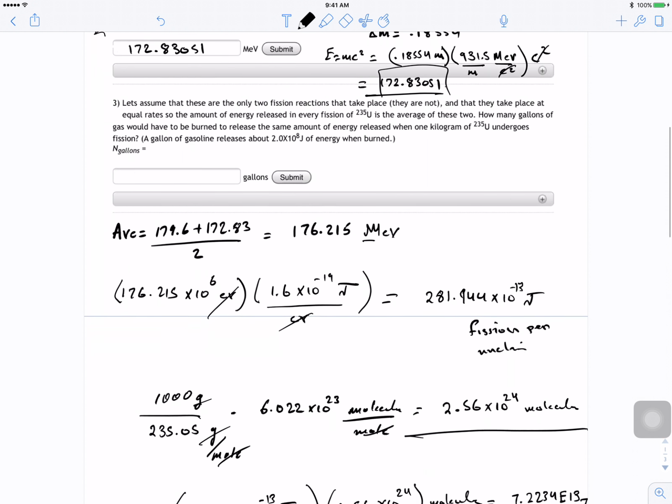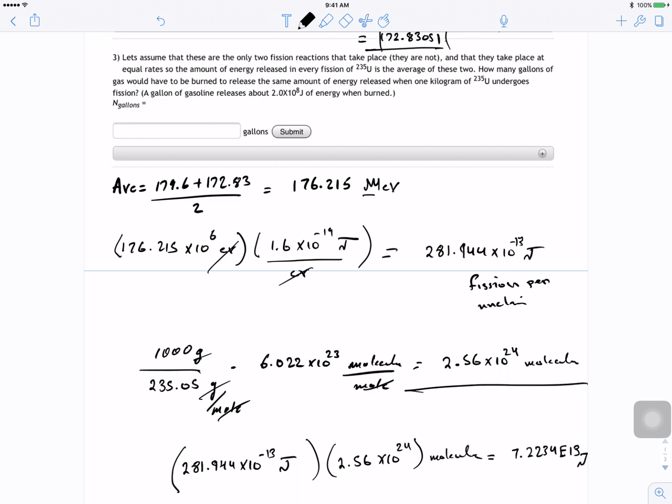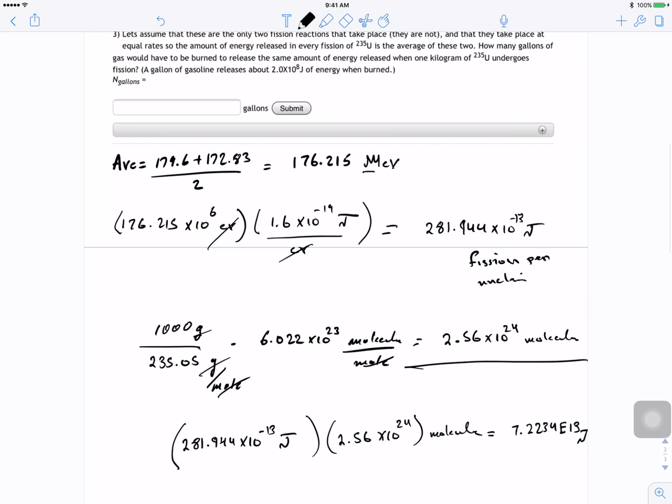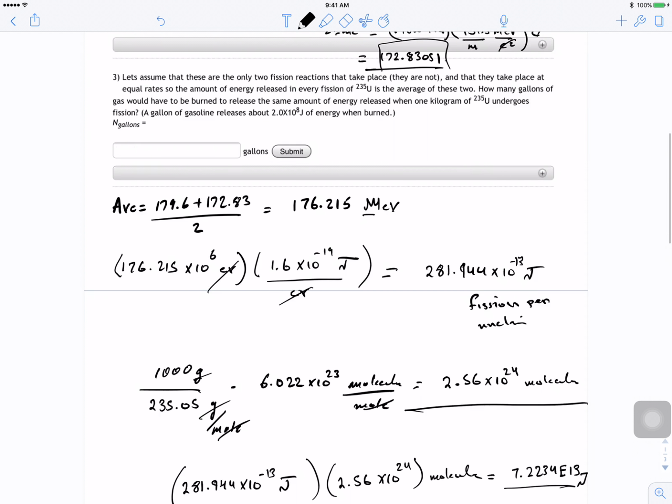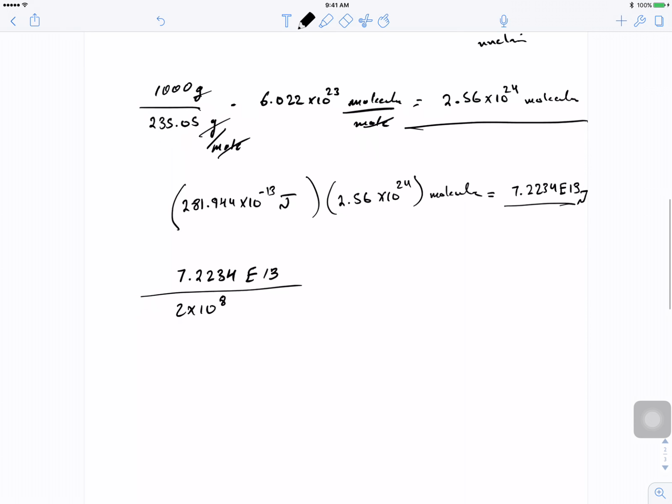If you look back at the question, they give us how much energy per gallon is released when burned. So they want how many gallons this is equal to. We just divide the total energy, 7.2234 e to the 13, by 2 times 10 to the 8 joules per gallon.